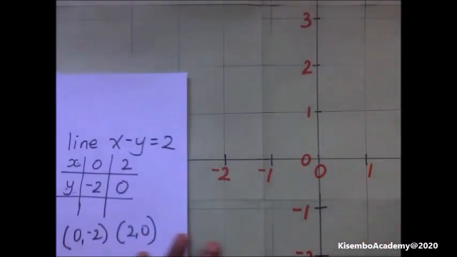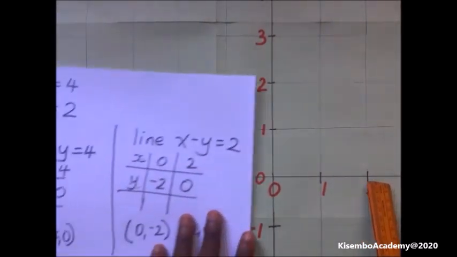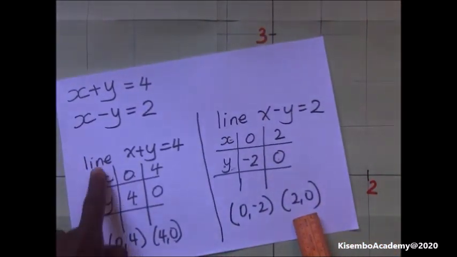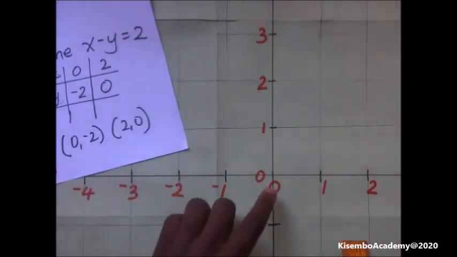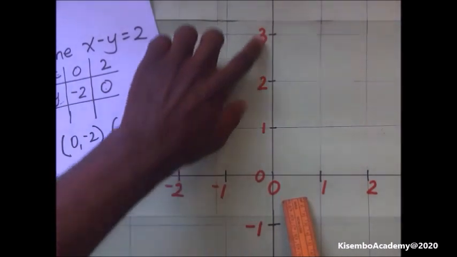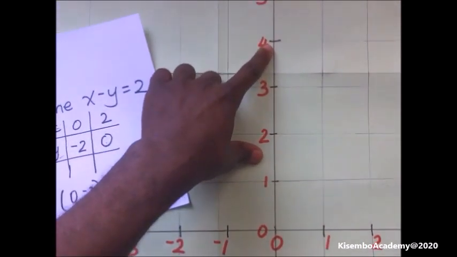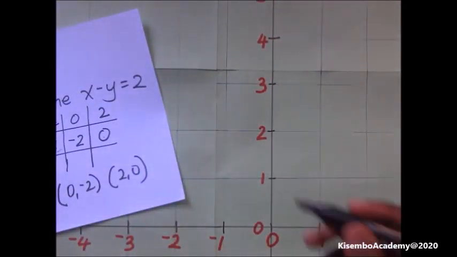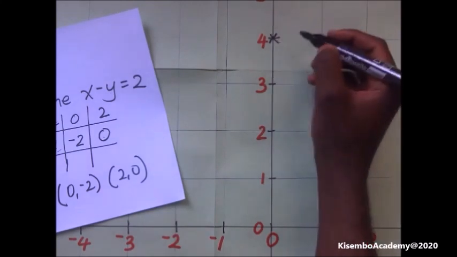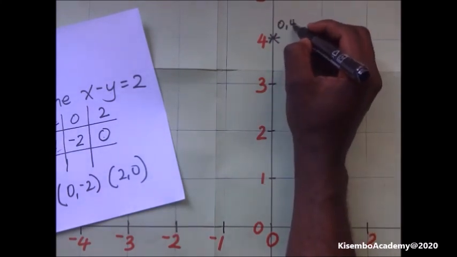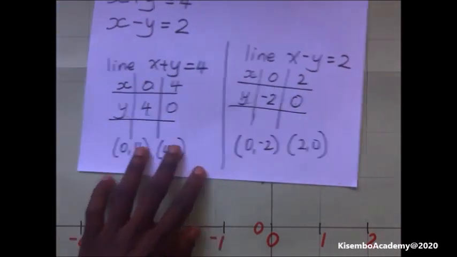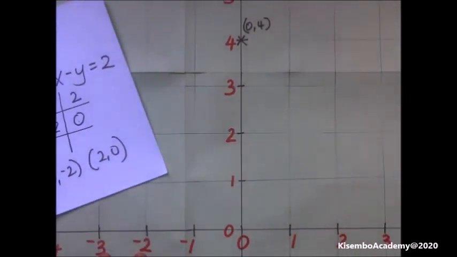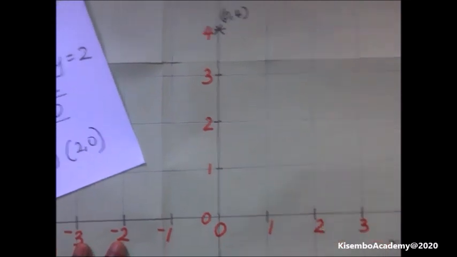Looking at our grid here, for line x plus y is equal to 4, we have 0 comma 4. That is our first point, it's right there. Then we also have 4 comma 0, right here.